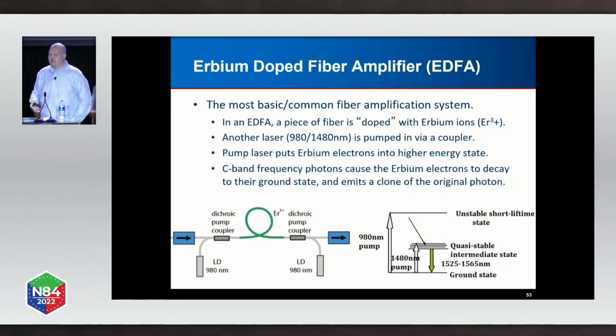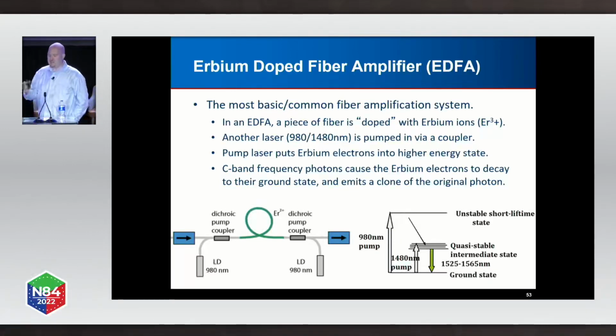So the reason you have 980 and 1480 is you just have two different stages. If you put in 1480, that's your quasi-stable state. That's where your amplification is really happening. And if you put in 980, it will immediately decay to the next level down, and same deal. But it's that kind of mechanism.